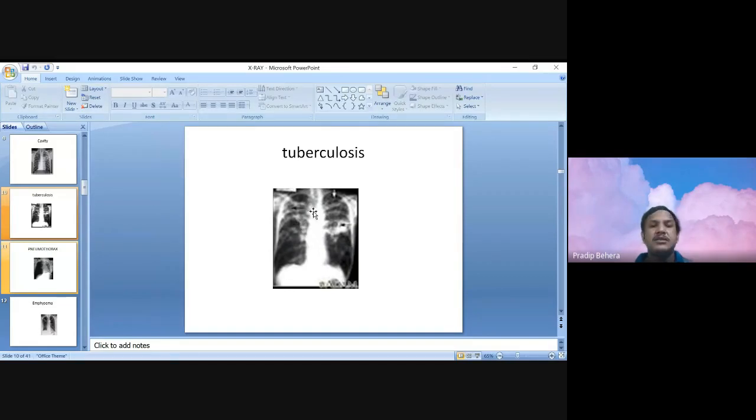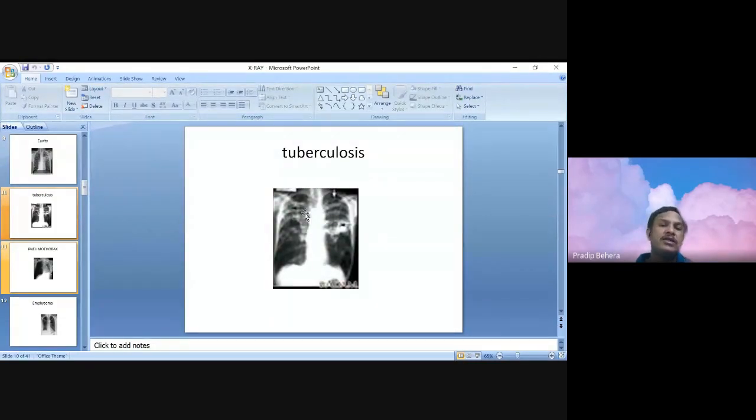Here you see bilateral involvement, with upper and mid zone involvement. These are very typical of tuberculosis. Whenever you are given an X-ray with involvement of the upper zone or extensive bilateral involvement with fibrosis, how will you know that there is fibrosis?